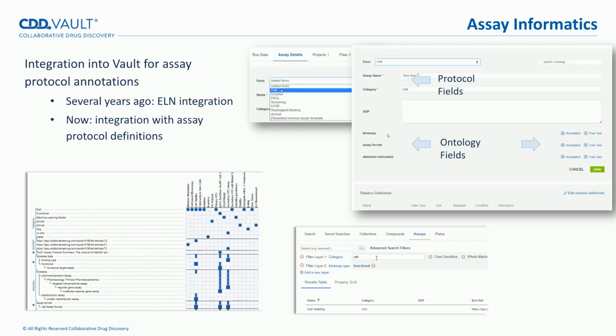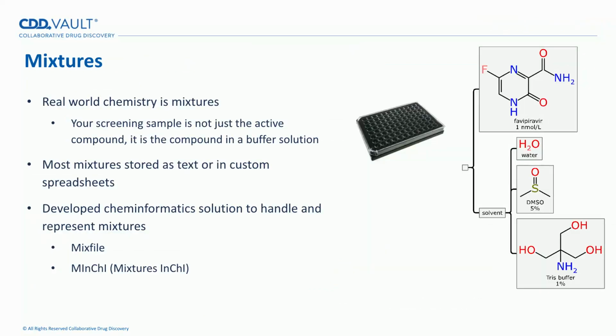So there was an older implementation that we now phase out because it's now part of where you define your assay protocol. So you annotate them with ontology terms, and that gives you a defined vocabulary, and that helps you then identify better what the assay is actually doing.